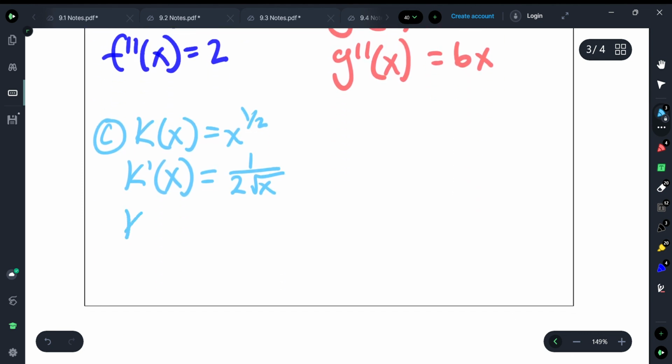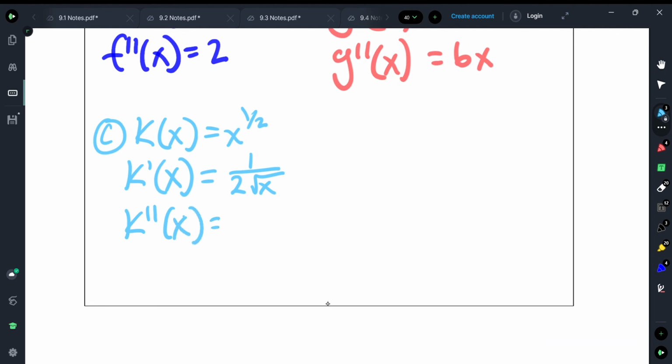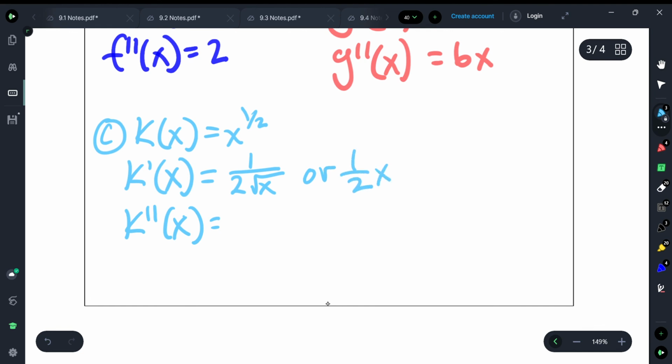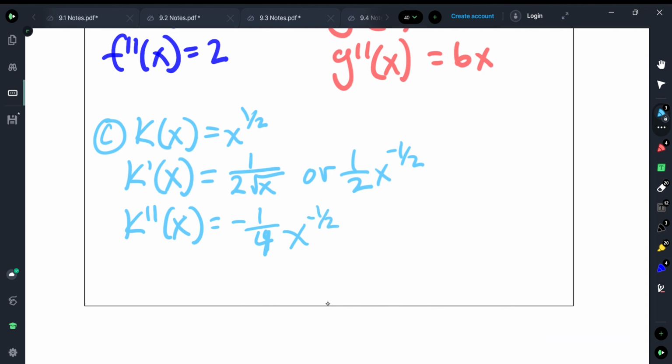All right, so the second derivative is obviously a little bit harder, right? Or we could have said this is 1/2 times this here, right? So what does that mean? I bring this power down. That's going to be negative 1/4 right here. And then I'm going to do here x to the power of negative 1/2 minus 1.